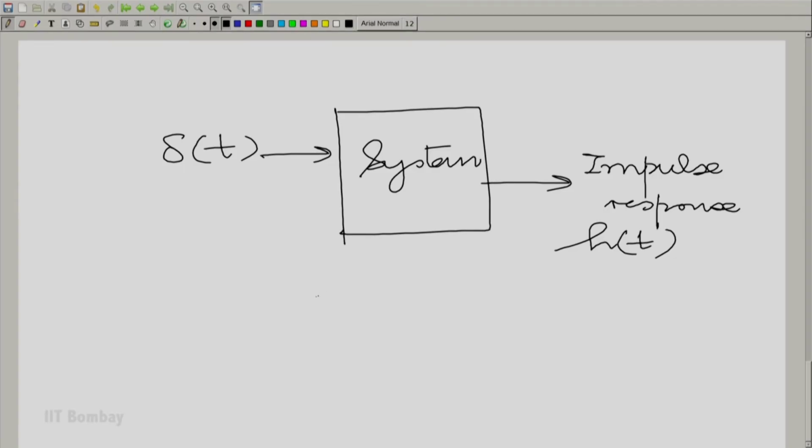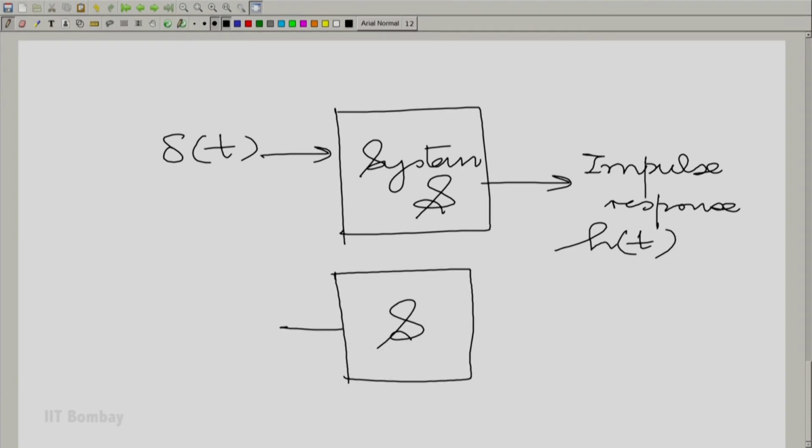Let me take additivity first. So, suppose I apply two impulses to the system. You have the same system S here, and you give it two impulses, one located at say T1 and the other one located at T2.